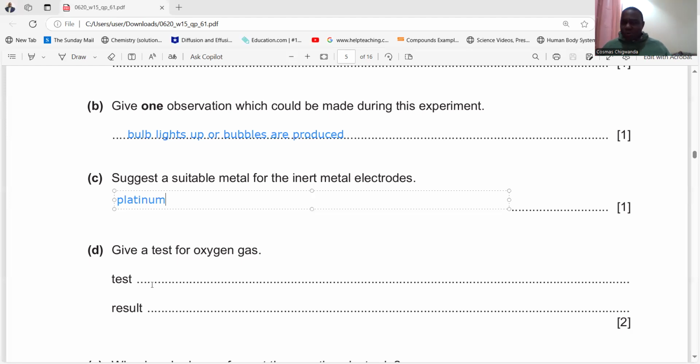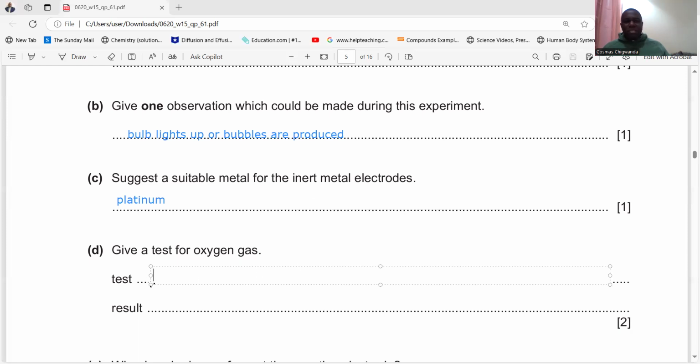Okay. Test for oxygen. Paper 6 demands you to know the tests for all the gases. Remember, oxygen supports combustion. So what does it do? You can say use a glowing splint.